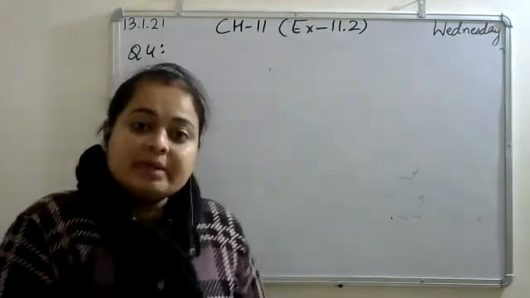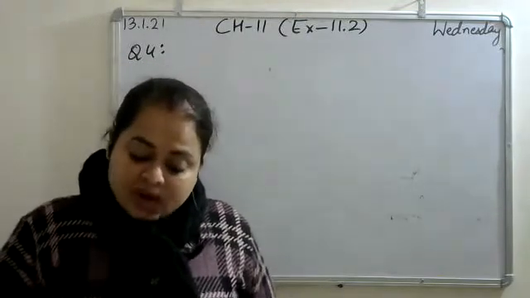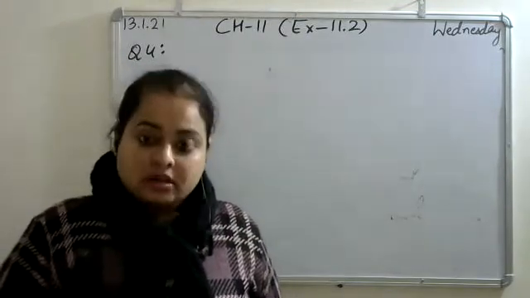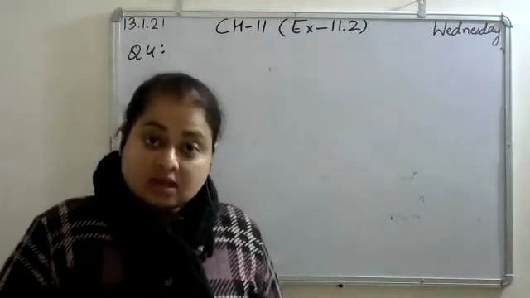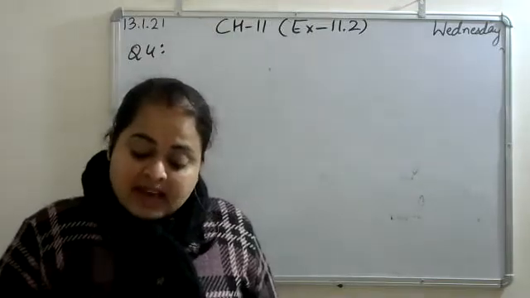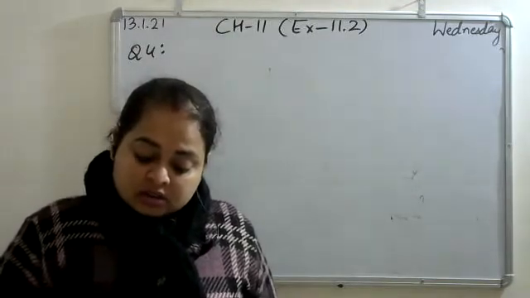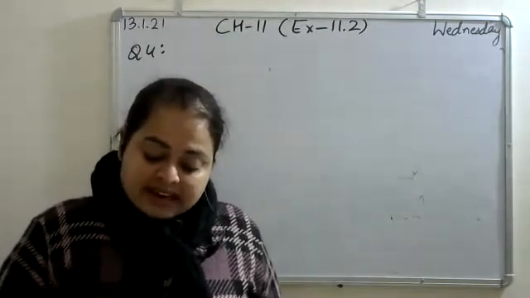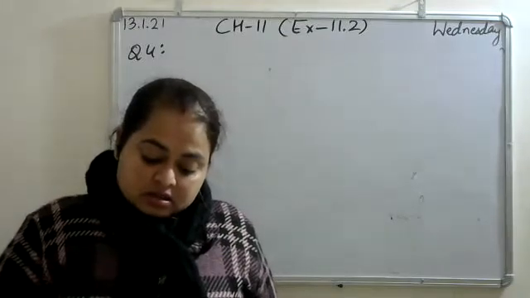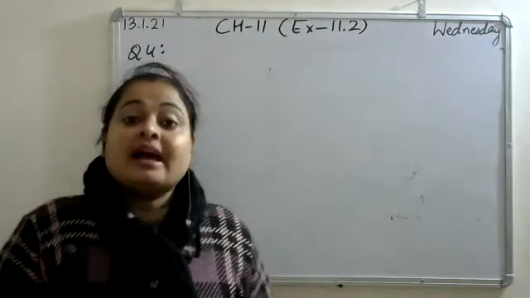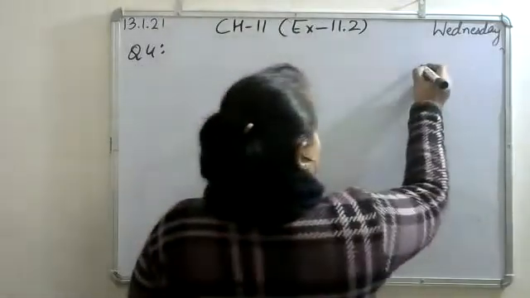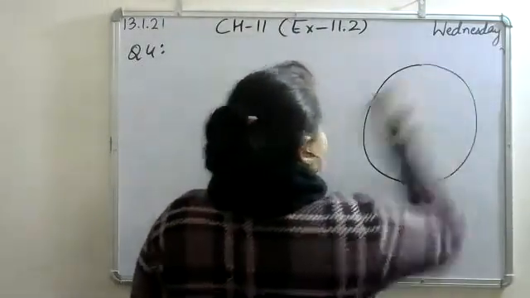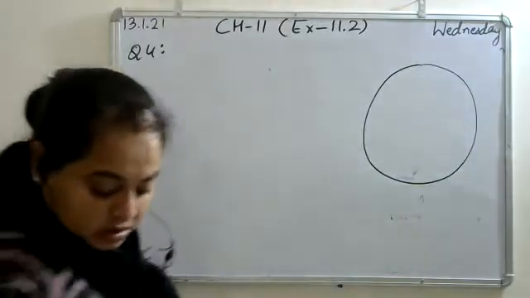You know, diameter is a line which joins 2 points on the circle and also passes through the center of the circle. In the adjoining figure, a diameter of the circle and center C are given. Diameter AB is given. Students, this figure is given in your book. This is the figure. Fine.